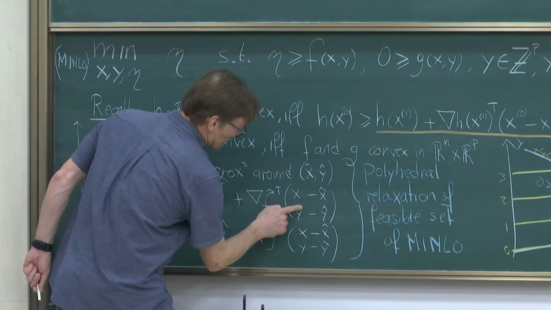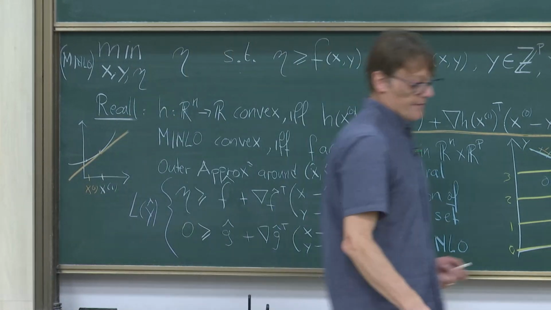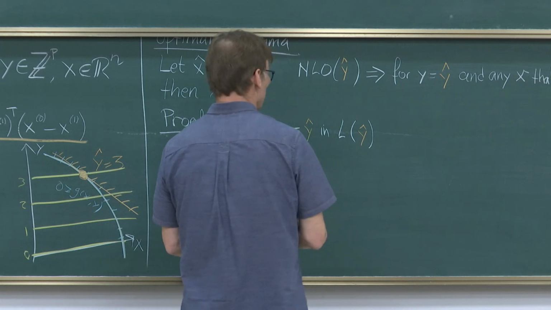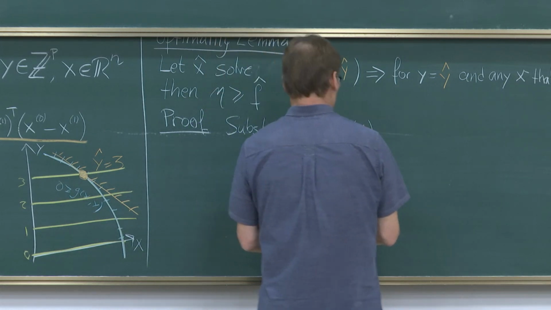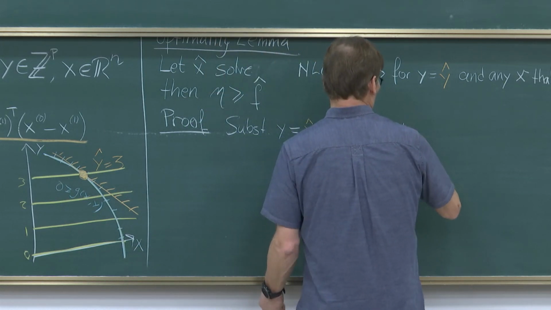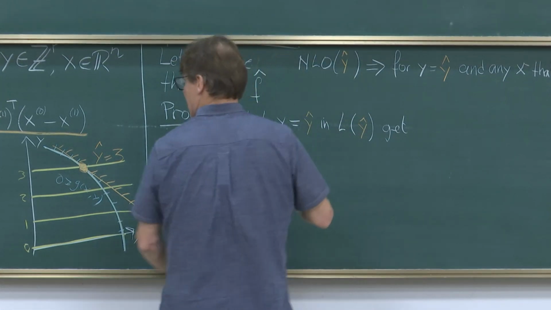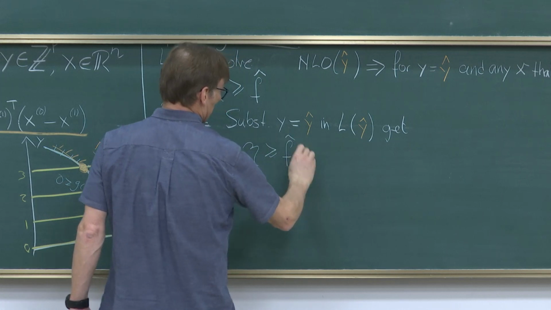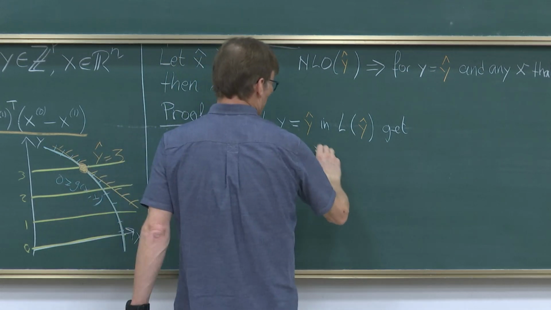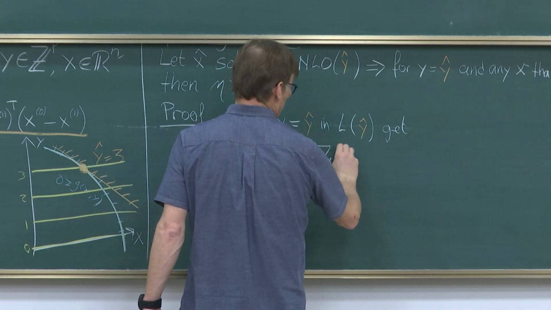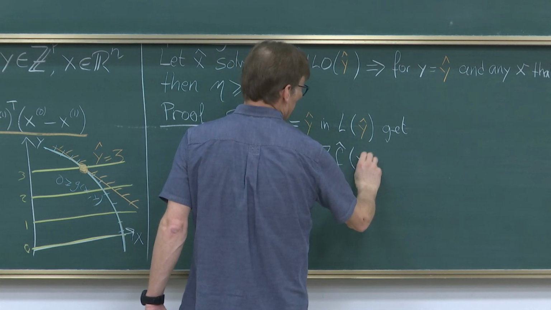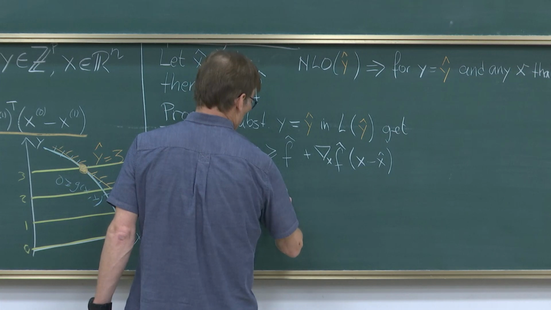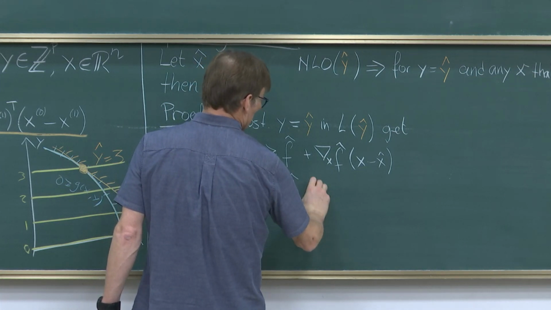Okay, so I'll just undo this real quick. So we get two sets of constraints which are slightly simpler, namely eta greater or equal to f hat plus the gradient now only with respect to x of f hat, times x minus x hat. So the constraints are going to be in x only.